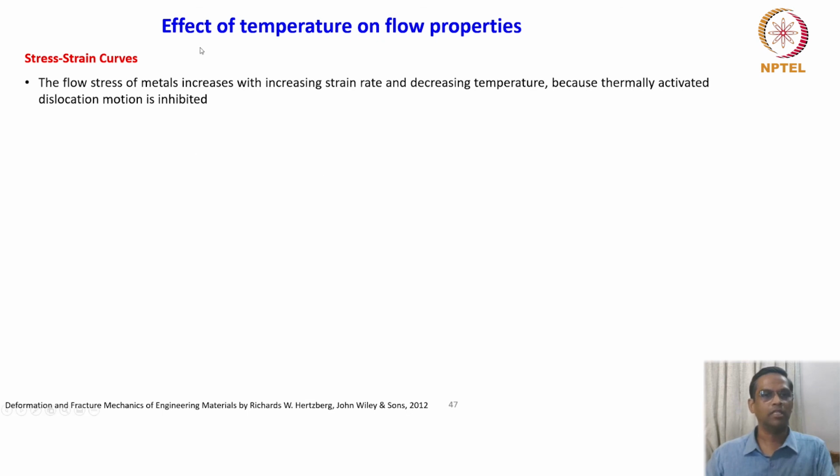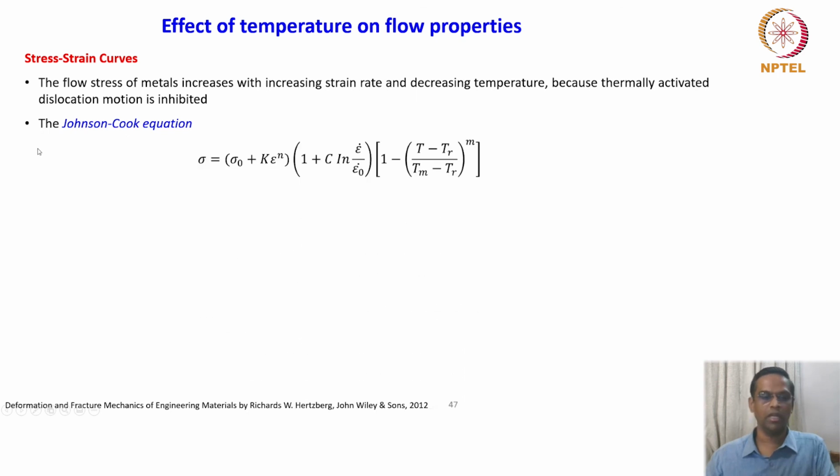Yeah, let us look finally at the effect of temperature on stress strain curves. The flow stress of metals increases with increasing strain rate and decreasing temperature, which is already known. And this is because thermally activated dislocation motion is inhibited. And there is a famous equation called the Johnson-Cook equation, which reads like this.